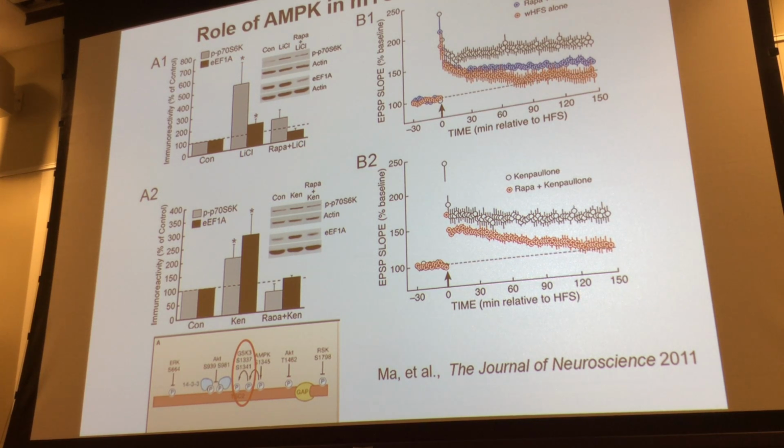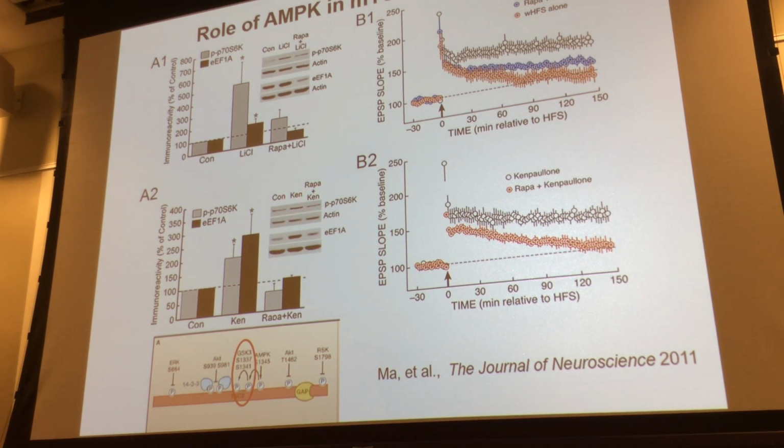All right. So let's see whether that happens. If you apply lithium or another compound, both GSK3 inhibitors. Of course, lithium is more general, a kind of dirty drug, but it's very commonly used clinically, like for bipolar disorder.